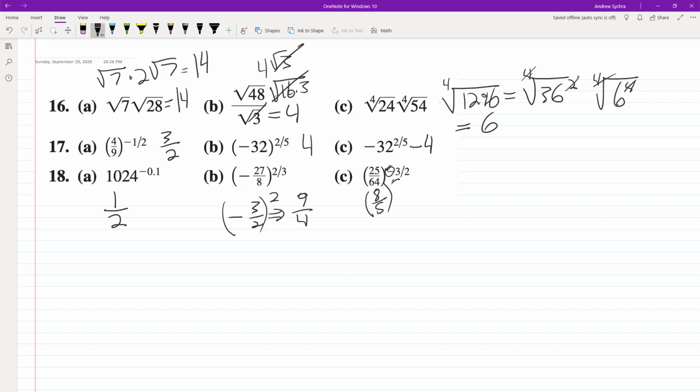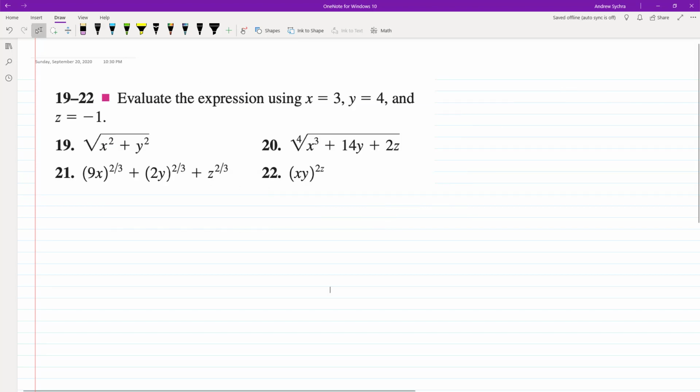And then we have cubed, so we end up with 5 cubed over 8. Oh, that's not right. Sorry. And then square them. 64 over 25. Okay, that's right.